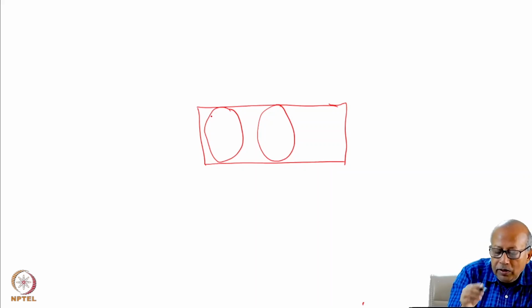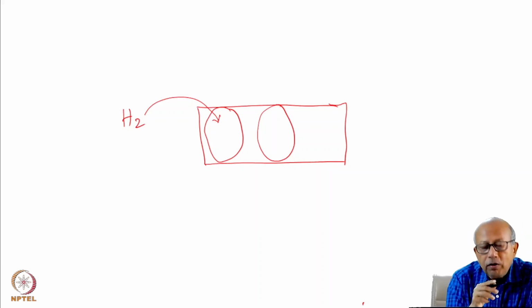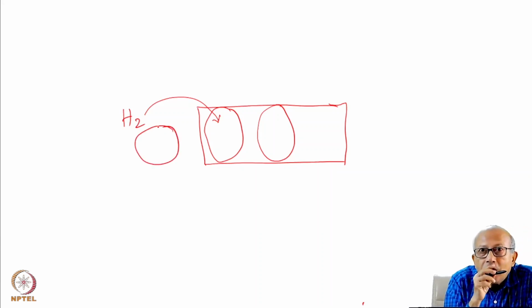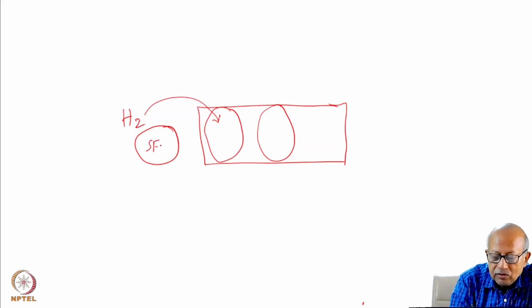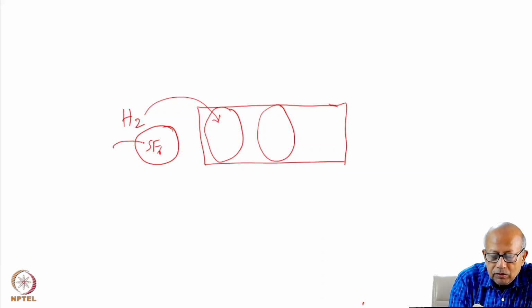So, in the reaction chamber, the molecular hydrogen is readily injected. However, the fluorine is created in another auxiliary chamber where SF6 gas is subjected to high voltage discharge. This is SF6, high voltage discharge.